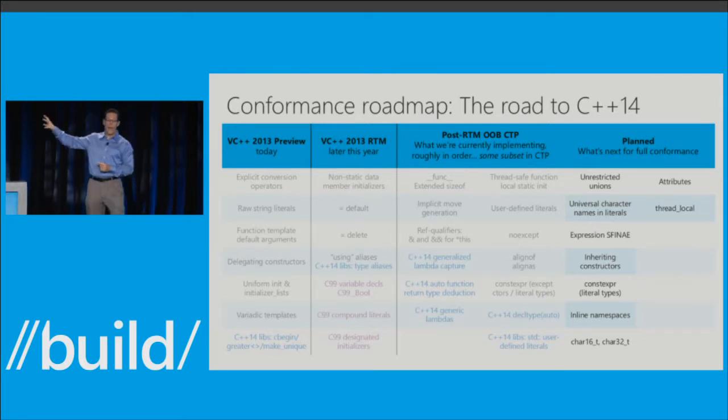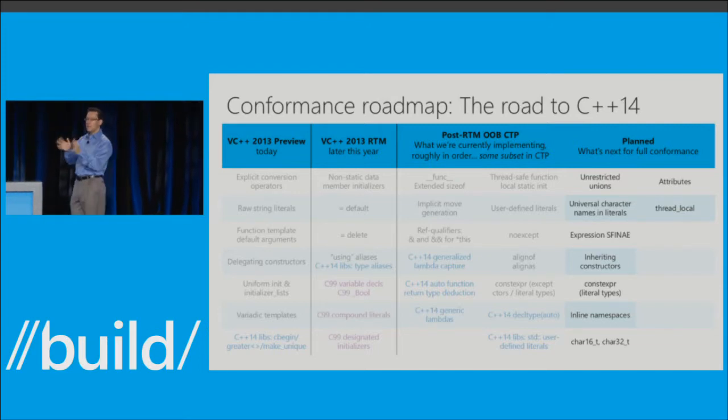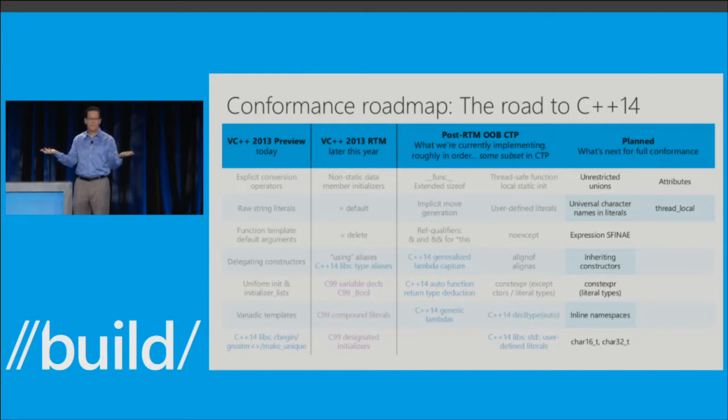Now, when you look at that, if you're keeping score and you say, yeah, those are all the C++11 features, it's at this point you might say, oh, well, looks like we ended the slide early with space left over because that's full C++11 conformance, isn't it? Implementing all the C++11 features? We don't think so, because that's not quite the same thing.